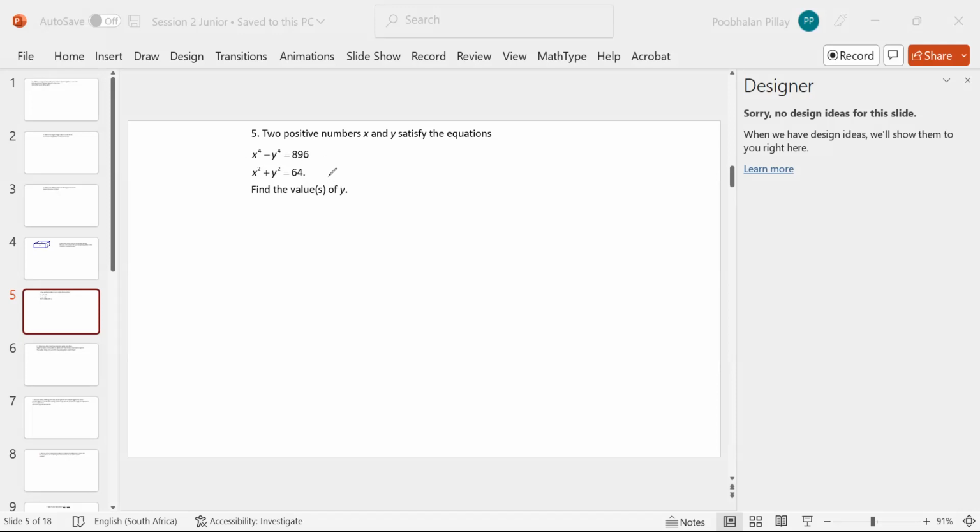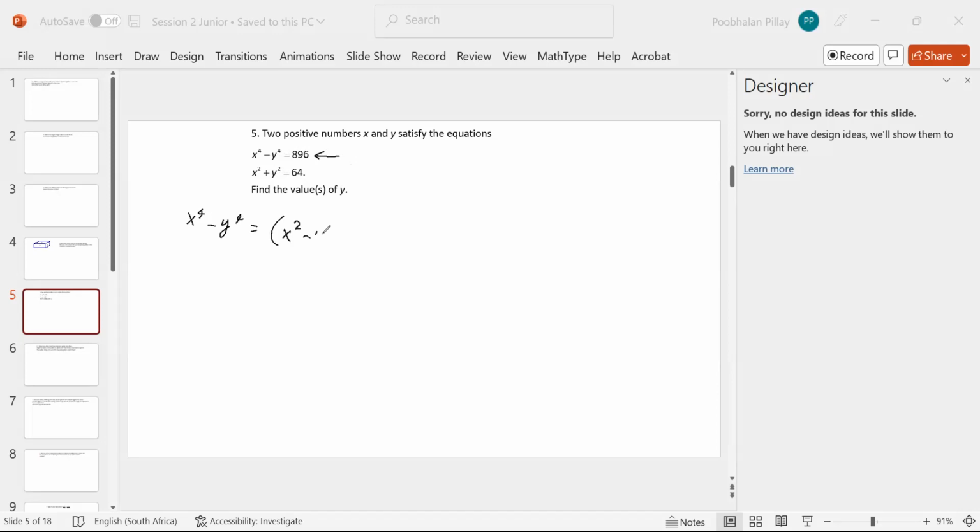Okay, so how do we do this? We've got two equations and two unknowns. But you'll notice here, you've got a difference of two squares. Right? So if you rewrite this, you get x to the fourth minus y to the fourth. That's the difference of two squares.